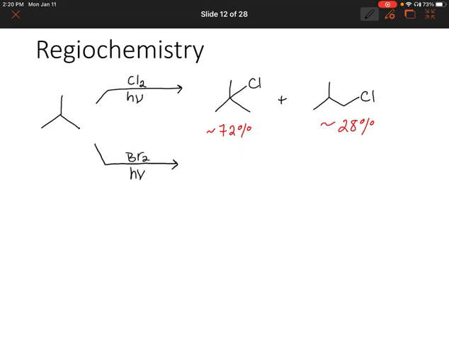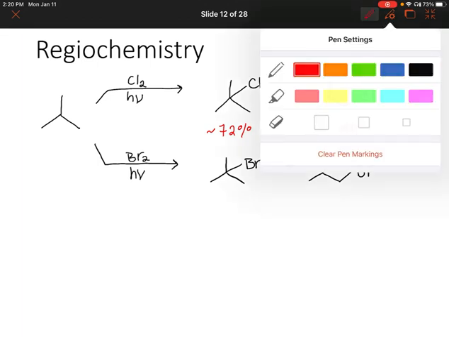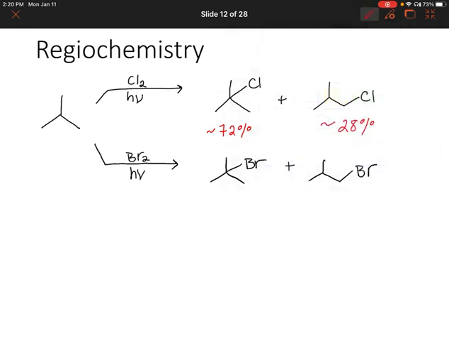What's interesting is we don't see the same thing. Bromine actually only adds to the tertiary carbon. So that's about 100% of our product.